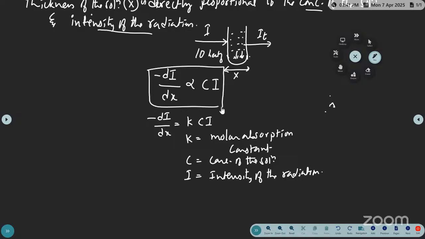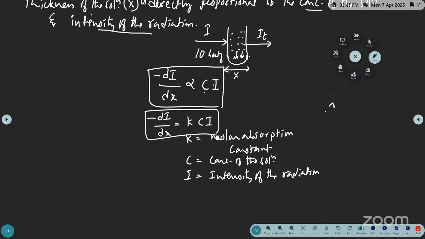See, the decrease in the intensity of the radiation is minus dI. D indicates decrease, a small value. Generally we call it differential, like we do in our maths. So the value decreases by a small value, therefore I take minus dI, with thickness x, directly proportional to the concentration of the solution and the intensity of the radiation, that is I. Removing the proportionality, we use some constant.